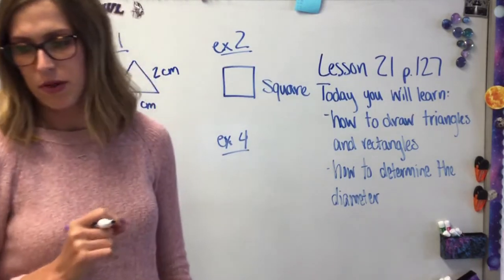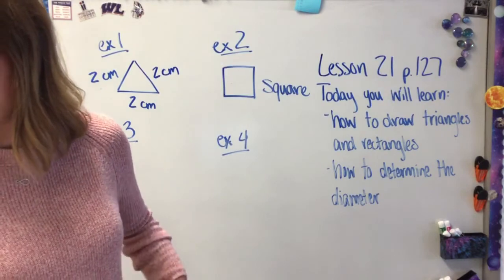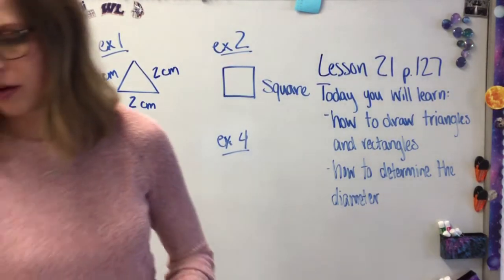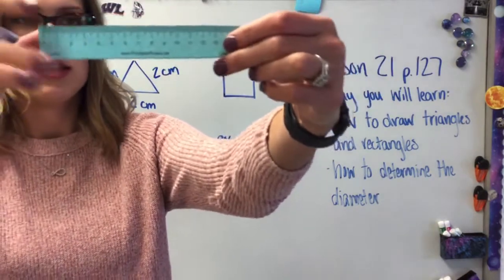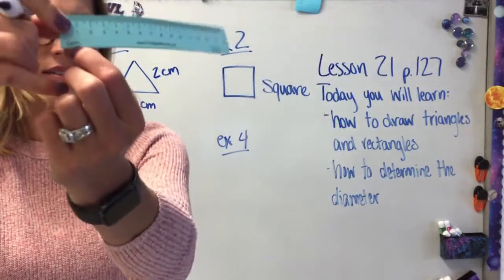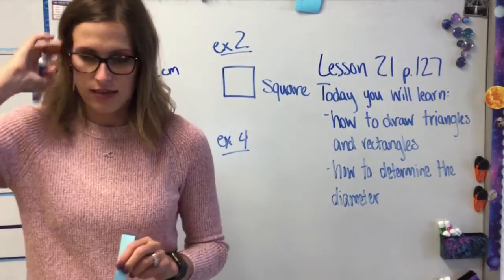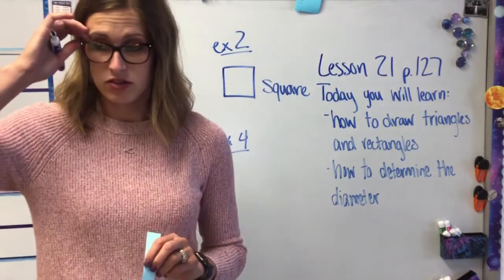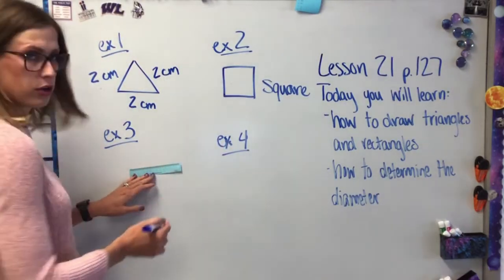Now, for example 3, you're going to need your centimeter ruler. You have your centimeter ruler in your Monday folder. It's blue. It looks like this. See the CM down here? That means centimeters. So that's how you know it's a centimeter ruler. This rectangle is going to have sides that are 3 centimeters long and 2 centimeters wide. So start with your ruler here.